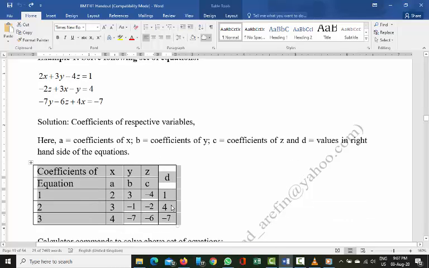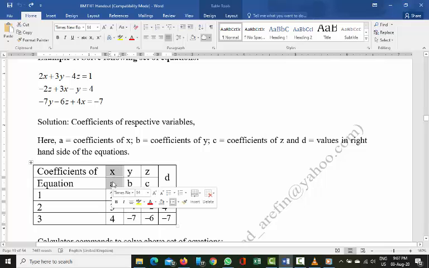So we have 3 equations there. The coefficient of the first variable will be considered as a, the coefficient of the second variable as b, the coefficient of the third variable as c, and whatever you have on the right hand side of the equation will be considered as d.